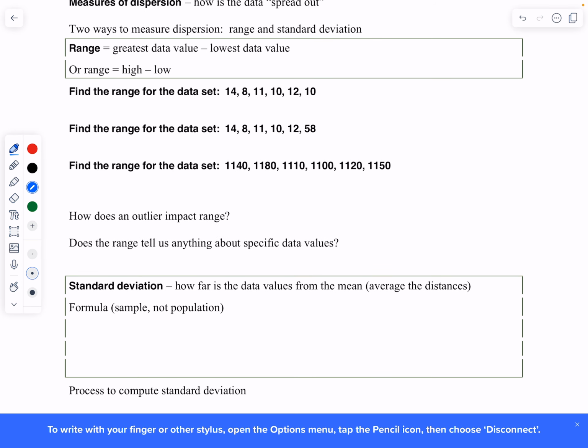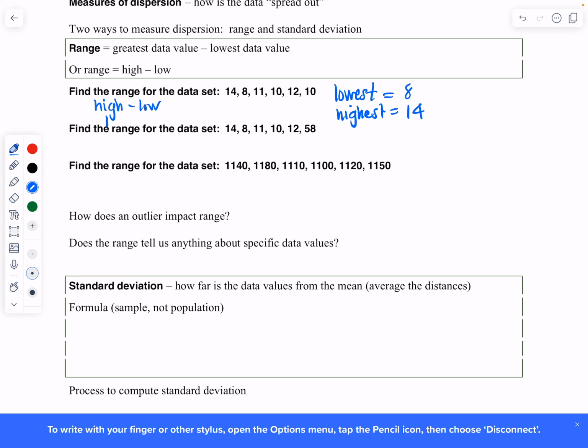So let's look at this example. It says find the range for the data set 14, 8, 11, 10, 12, and 10. Now, the lowest data value, or the smallest one, is 8. And the highest one is 14. So I'm going to take high minus low.